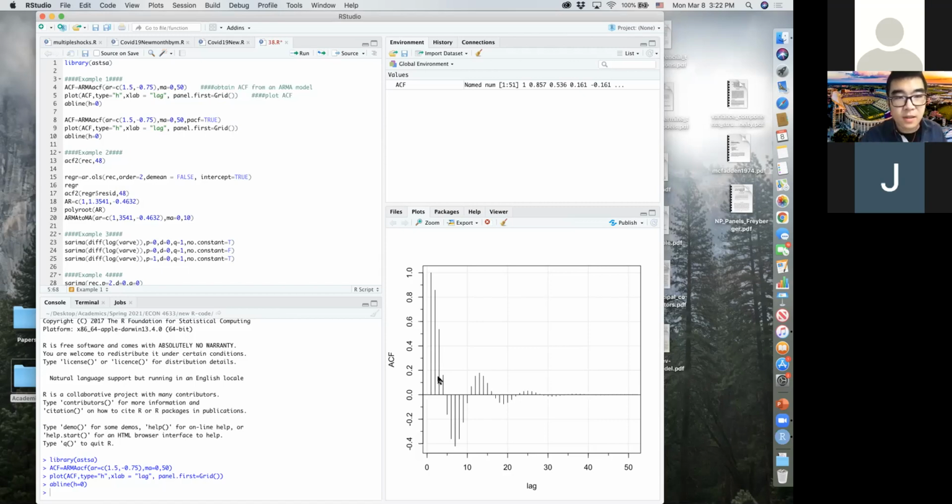This plot is not that good because it does not have a clear confidence interval, but you can definitely add the confidence interval here. The confidence interval here is 2 over the square root of 50 because we generated 50.